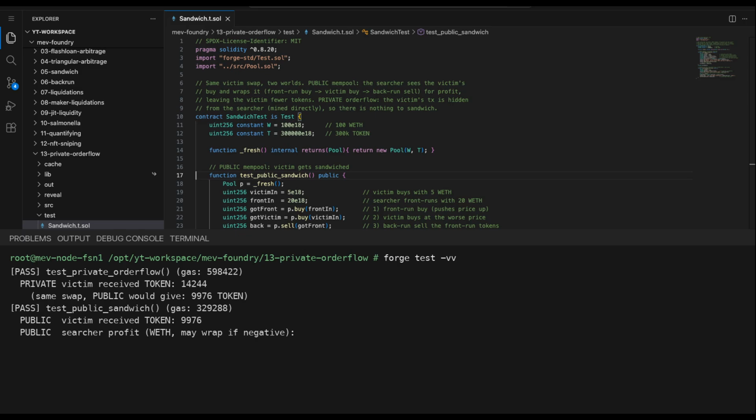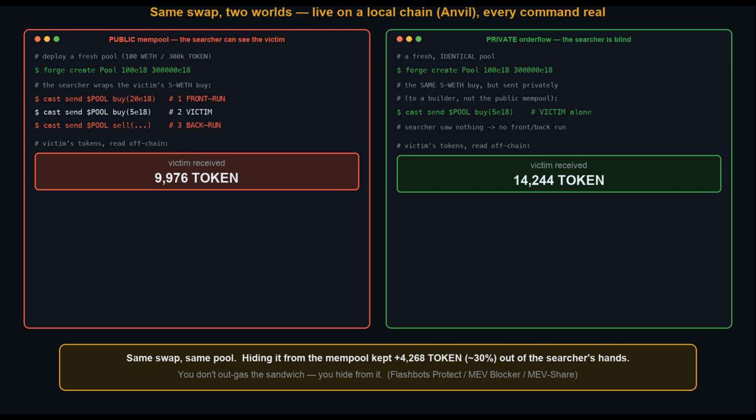Now let's watch that difference on a real chain. Here it is on a local chain, and every command is reproducible. First, the public world on a fresh pool: we send the searcher's front run, then the victim's buy, then the back run, all in the block, exactly as an open mempool allows. We read it off the chain. The victim received 9,976 tokens.